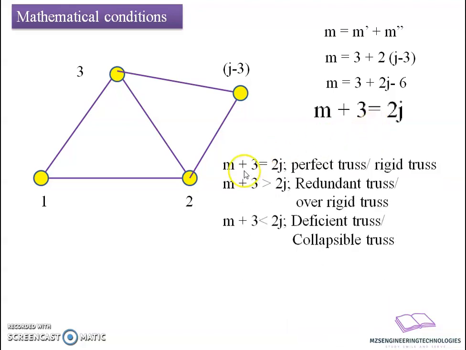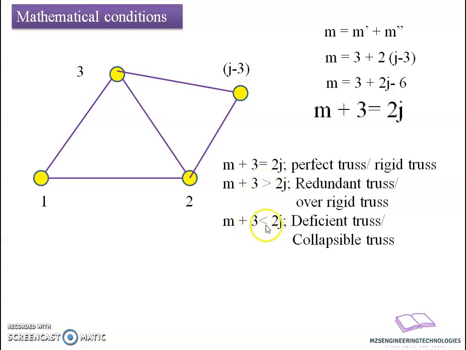Based on this, m plus 3 equals 2j. If this equation is satisfied, then I am going to call it a perfect truss or rigid truss. If m plus 3 is greater than 2j, meaning there is an excess of members in the geometry, then I am going to call it a redundant truss or over-rigid truss, where I have to remove one of the members or constraints from it.